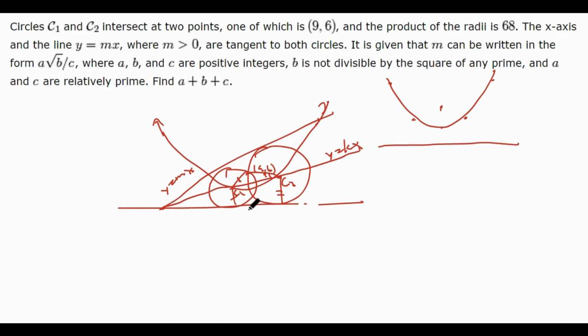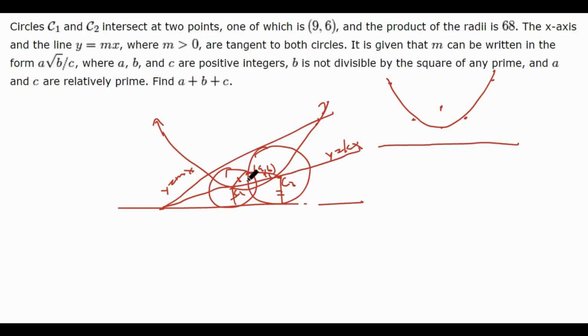The second thing is, notice the intersection of y equals kx and the parabola is the centers. So if we can find the solutions to the intersection of y equals kx and the parabola, then we can find the centers. And with the centers, we can find k, and with k, we can find m. So the only thing that's missing now is to find the equation of the parabola.